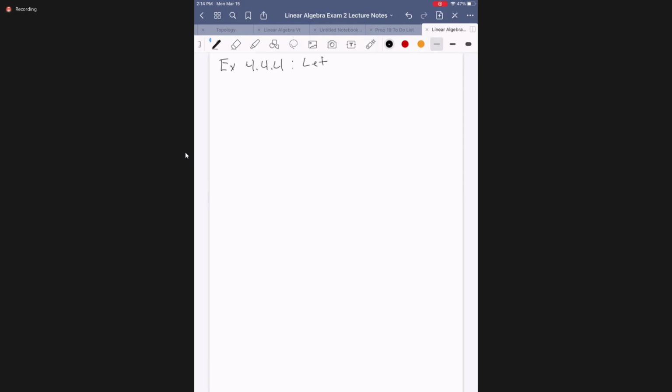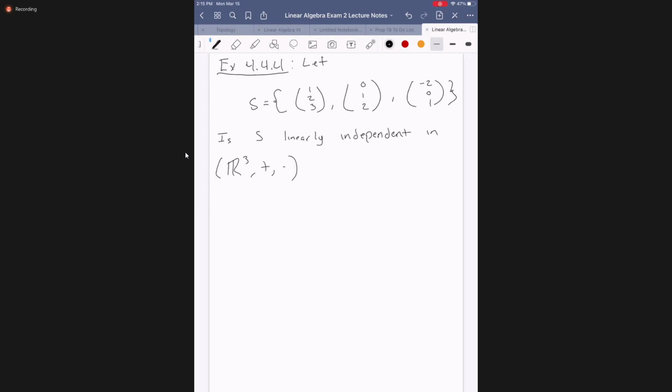Let S equal the set of these vectors right here: (1, 2, 3), (0, 1, 2), (-2, 0, 1). Is S linearly independent in the vector space R3 with your standard operations?